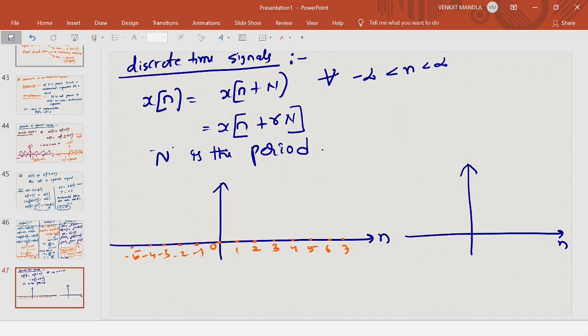At 0 we have value 1, at 1 it is 2, at 2 it is 3. And at 3 again it is 1, at 4 it is 2, at 5 it is 3, and again at 6 it is 1, 2, and 3, and so on. Same here also.